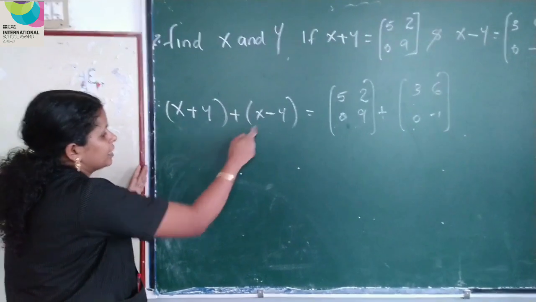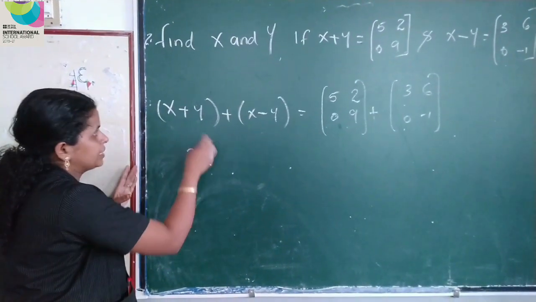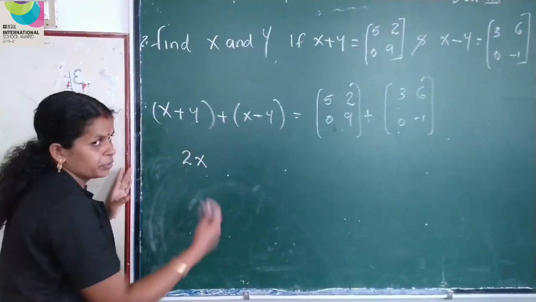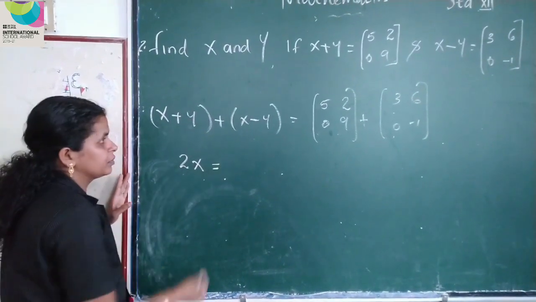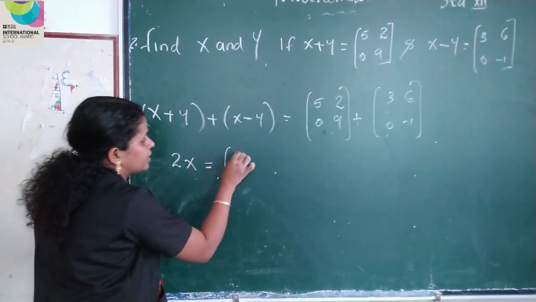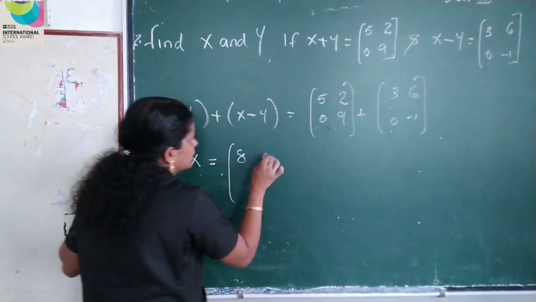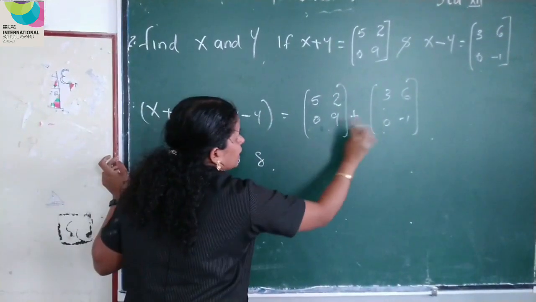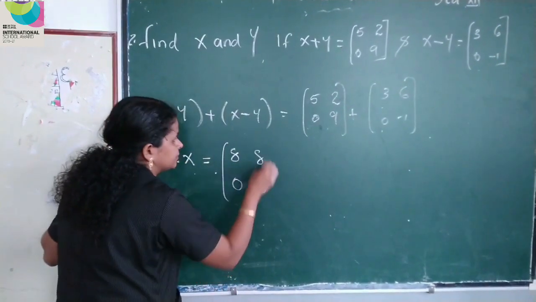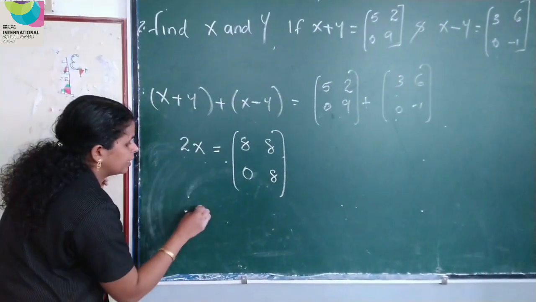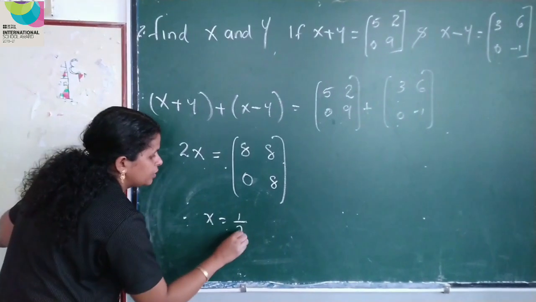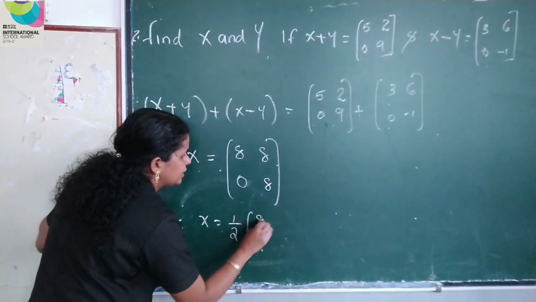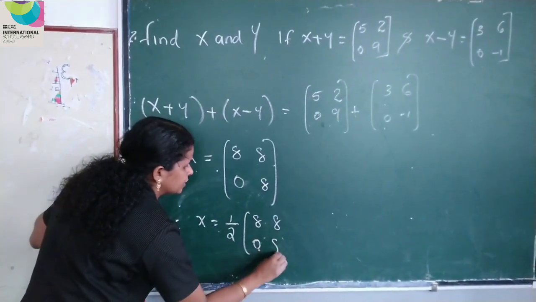Here X plus X is equal to 2X, Y plus minus Y is equal to 0. So 2X is equal to matrix [5 plus 3, 8; 2 plus 6, 8; 0 plus 0, 0; 9 plus minus 1, 8]. Therefore, X is equal to 1 by 2 of matrix [8, 8; 0, 8].